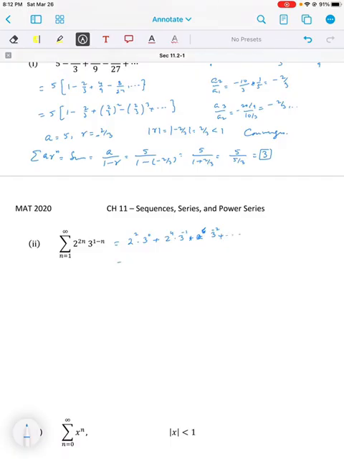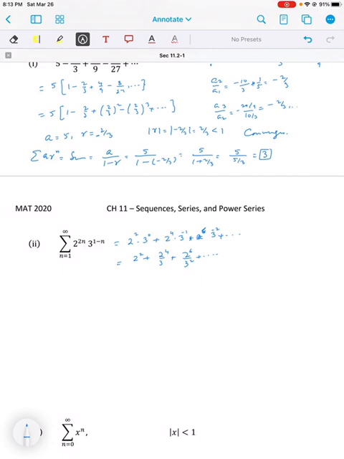So you can write it as 2 squared plus 2 to the 4 over 3 plus 2 to the 6 over 3 squared plus so on.